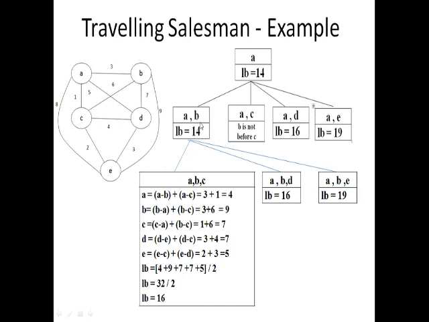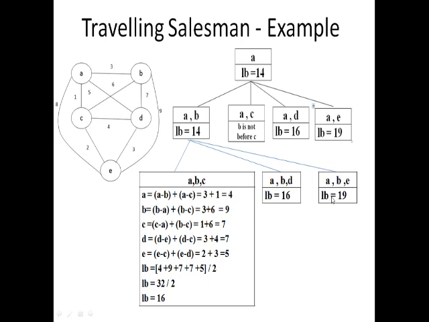The lower bound of A to B is 14, the lower bound of A to D is 16, and the lower bound of A to E is 19. So we have to find the minimal value among these values. The minimal among these is 14, so that node is considered and expanded.